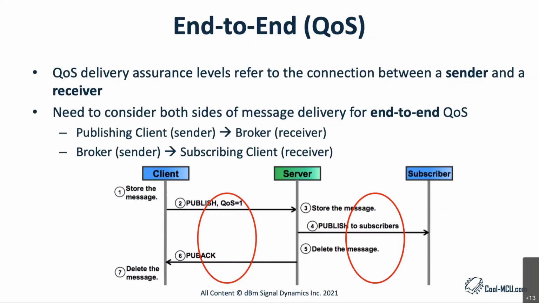In the example that's shown here and in the subsequent slides, the subscribing client subscribed to the topic with a QoS level of 0, as indicated by the lack of a puback message between the subscribing client and the server. Let's take a closer look at each of the publish message sequences available in MQTT to see how QoS delivery assurance is implemented.